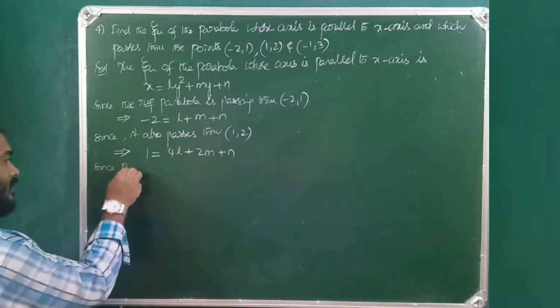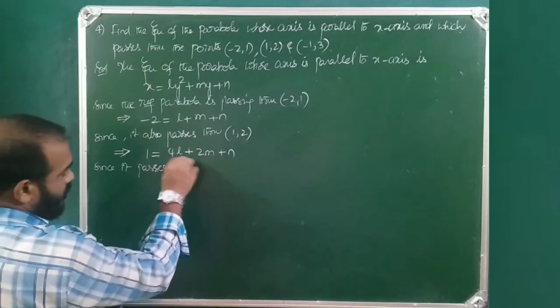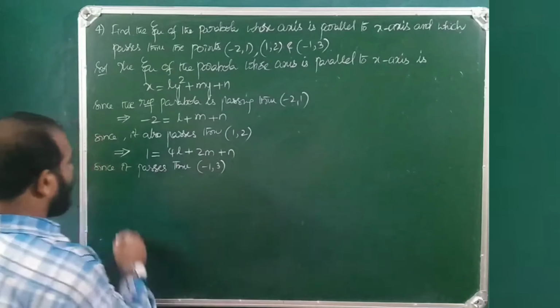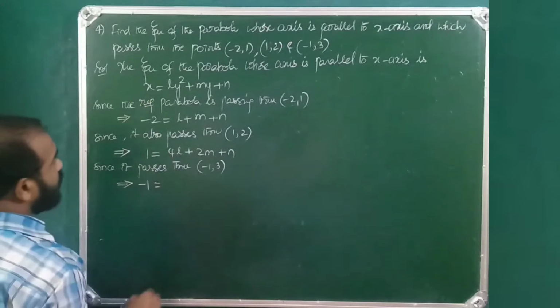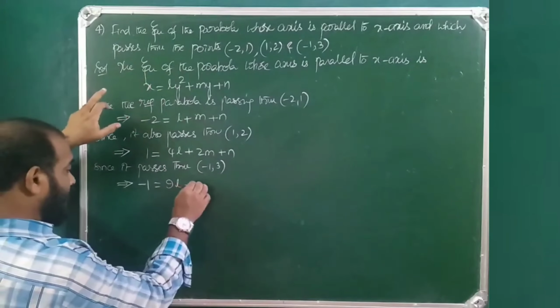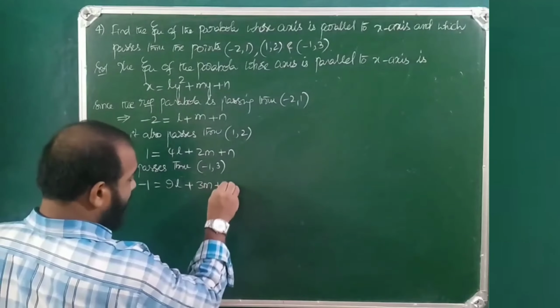Since it passes through minus 1 comma 3, this implies minus 1 equals 3 square, 9 into L, 9L, plus m into 3, 3m, plus n.